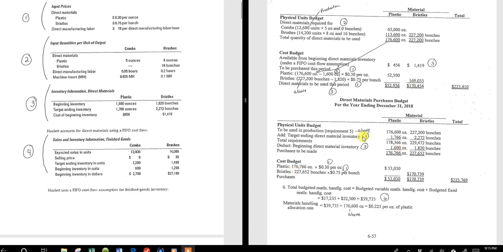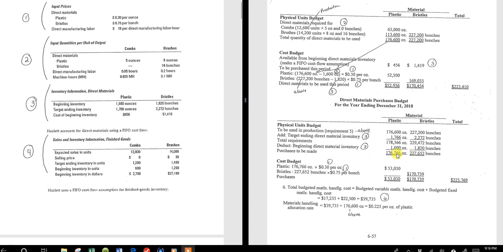So notice 176,600, which is simply the 5 ounces times the number of combs and 8 ounces times the number of brushes. And for the bristles, 227,200, I add ending inventory, subtract beginning inventory, and I get my purchases to be made.